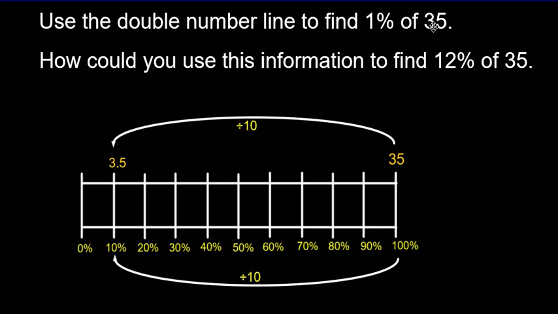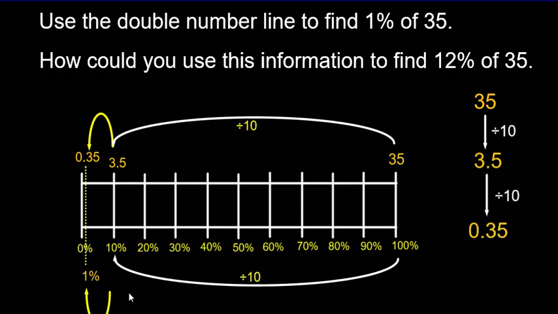If we want to find 1%, now we got to realize that we found 10% equals 3.5. In order to find 1%, we're going to have to take 10% and divide it into 10 parts. And we will get 35 hundredths, or 0.35, equals 1%.